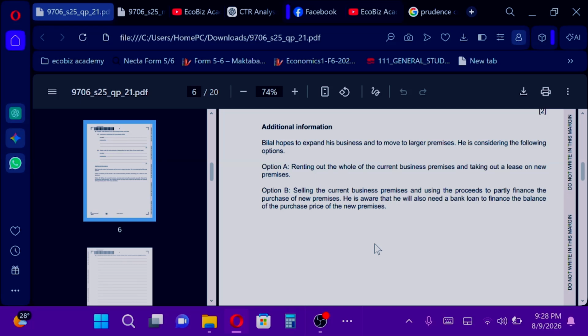So when we rent out current premises, this allows us to continually be receiving rent receivable. So yeah, this is one of the advantages, and also there's no interest on returns. I'm trying to think of some other advantages.